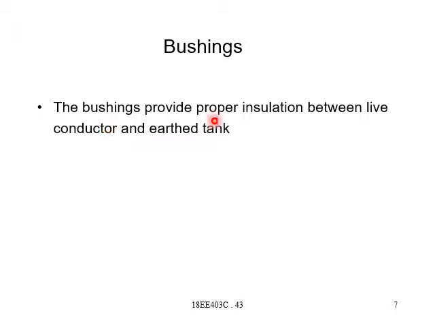The tank is earthed, mounted on the earth. So there should not be any contact from the live wire to the tank of the transformer, otherwise it may get short circuited or currents may circulate in it. To avoid that, we use insulating materials called bushings. So the bushings provide proper insulation between the live conductor and the earthed tank.